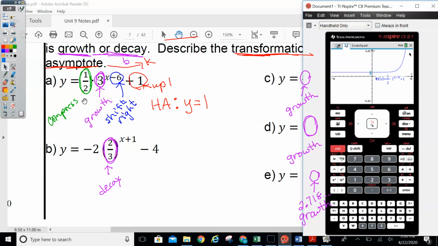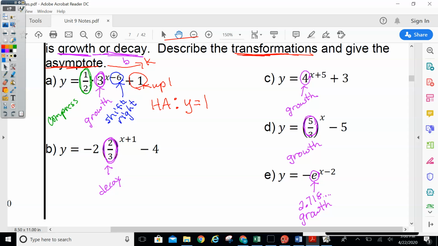Okay, so looking at the second one here. If we start with the k, the -4 is going to make it go down 4, which tells us our horizontal asymptote is y equals -4. And then the 1 as part of the exponent is going to make it go left 1.